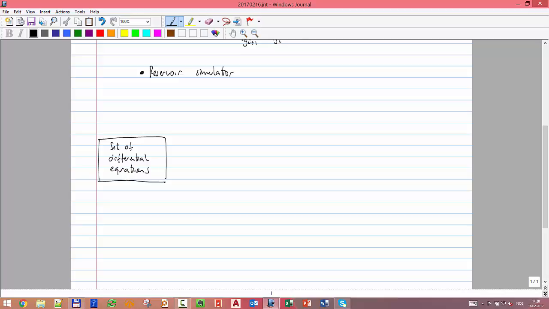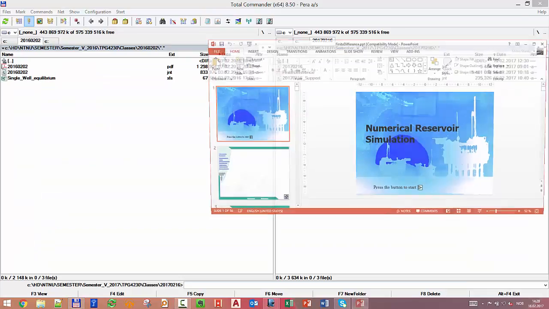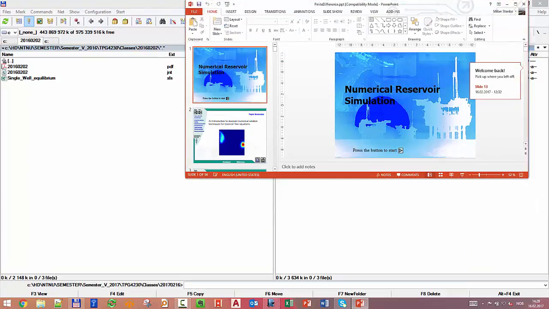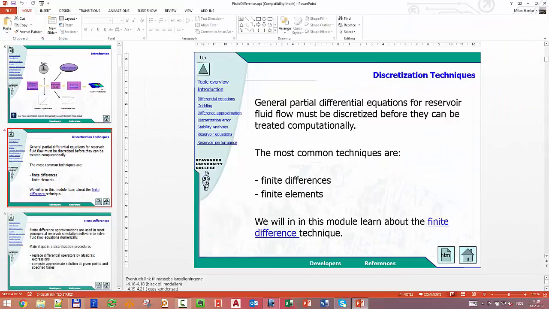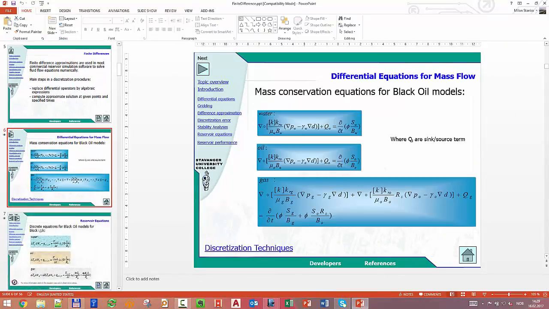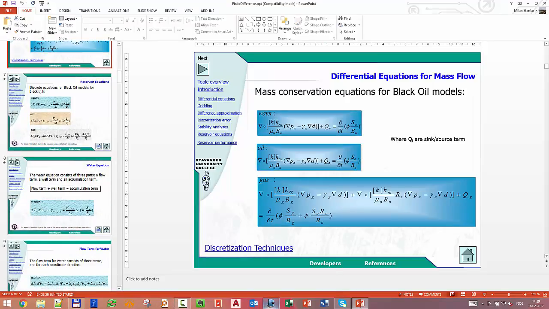And I found some nice lecture notes from the University of Stavanger, I think. And that's how the differential equations look. Please don't have nightmares. It's going to be over soon.